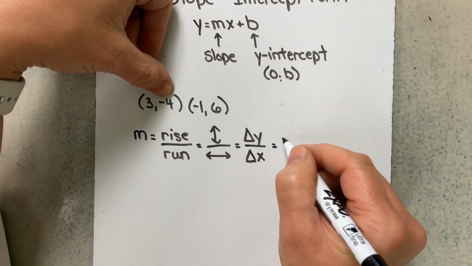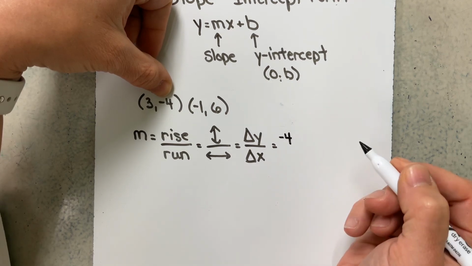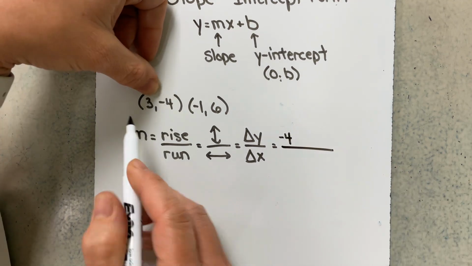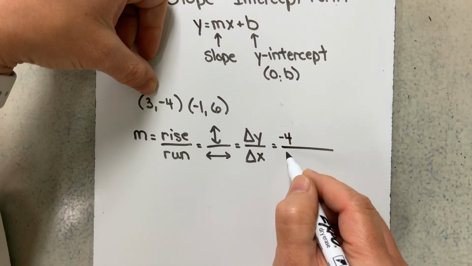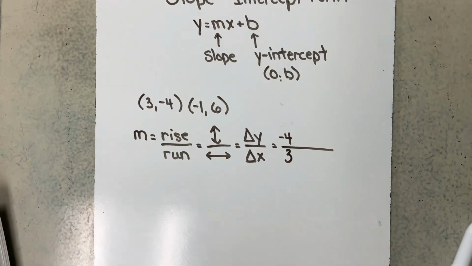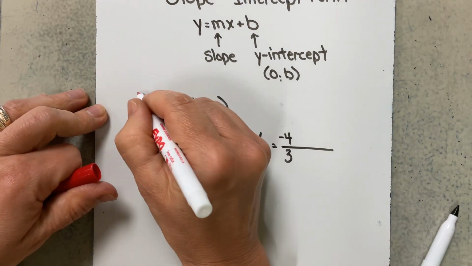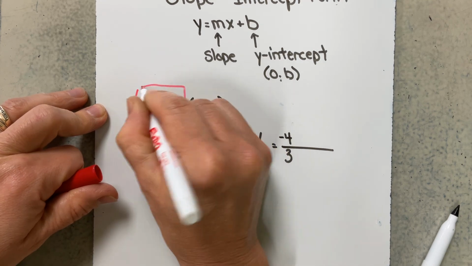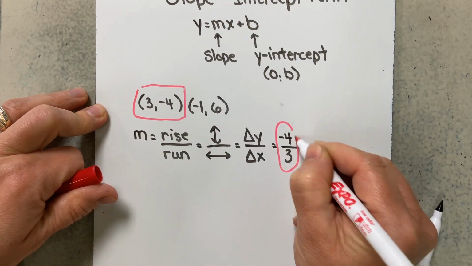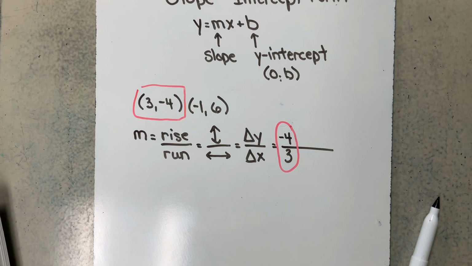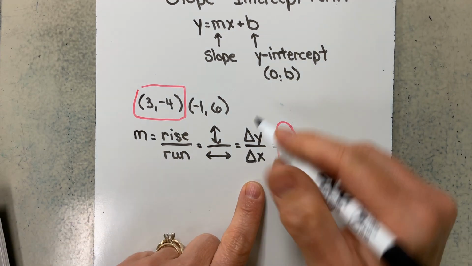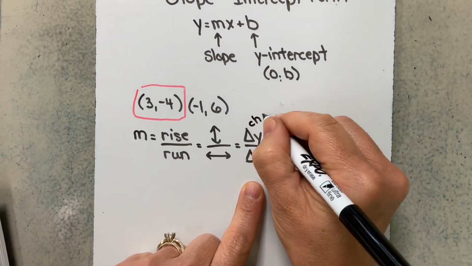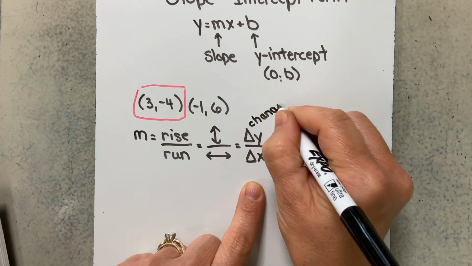Okay, so what we're going to do is we're going to take either y, doesn't matter. So I'm going to start here, -4, that's a y. It pairs with 3, so I'm going to put it right underneath. They have to go together. This is one ordered pair, and they have to be lined up, okay? Now, change, this word is change, always means subtraction.